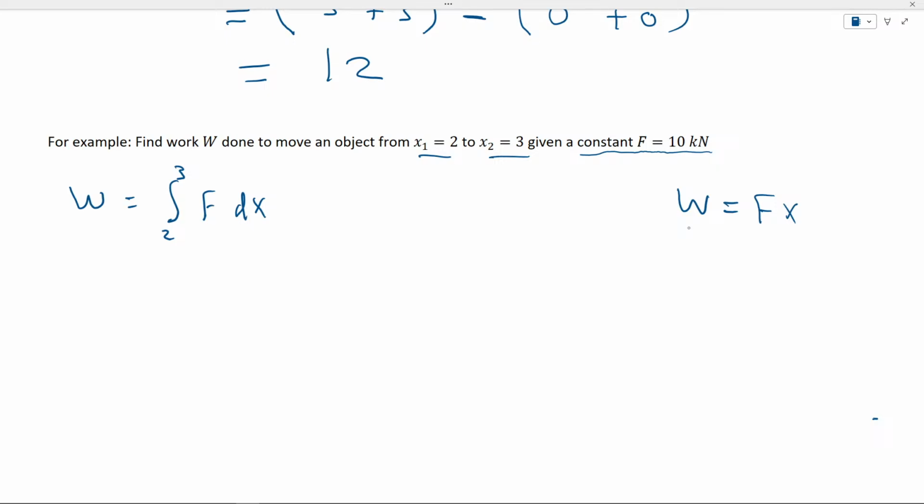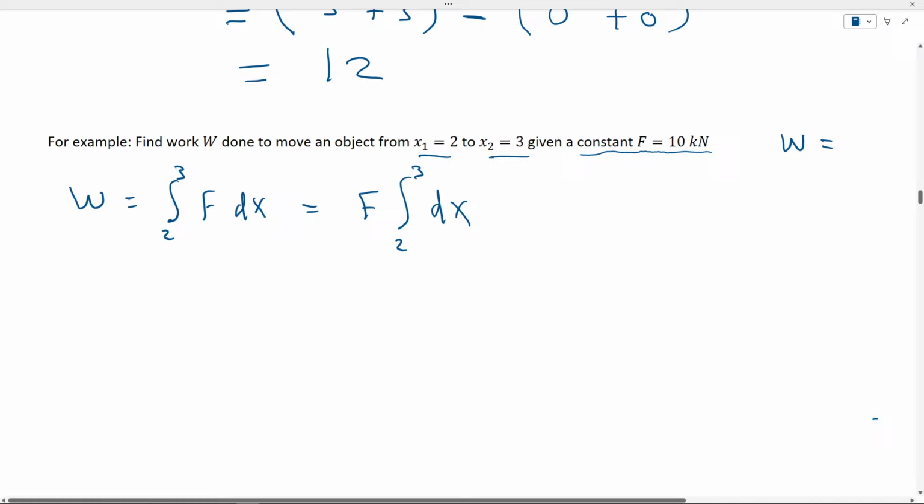So how to solve this? Like this is a constant. So a constant you can take it out. So I can rewrite my integral as F, that's a constant, dx. Let me erase this here. Work is equal to force times x. Now I need to integrate this guy. So remember how to do it?